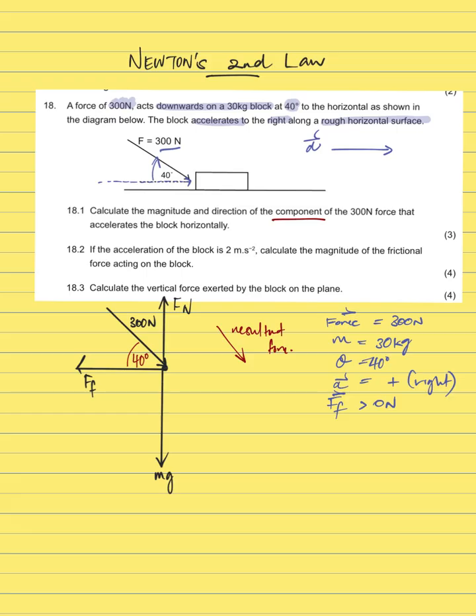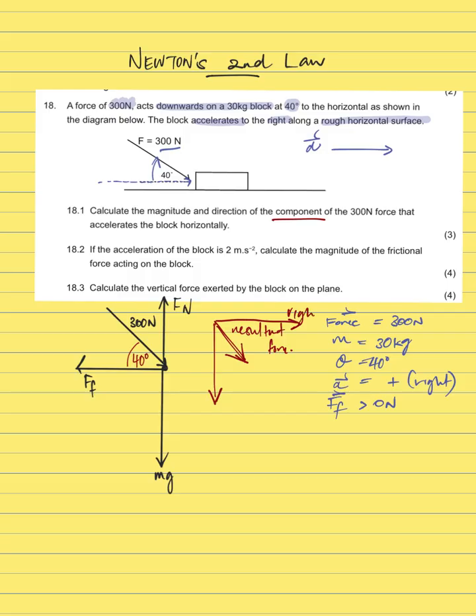Now, in your question, it says you need the components. If my resultant force is doing this, I need its components. So I know there must be a downward component because the arrow is moving downwards, and there must be a component to the right.